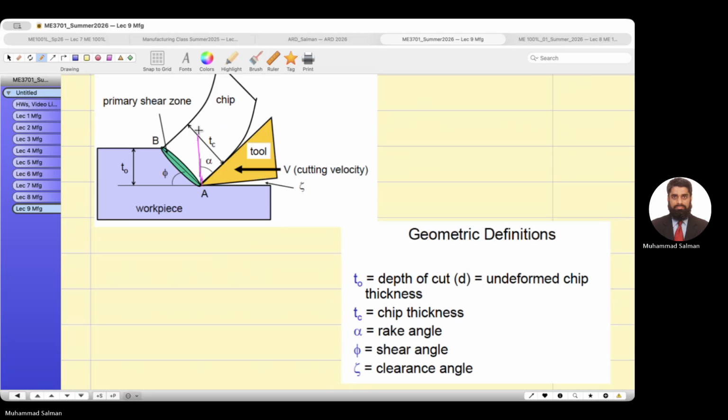The chip thickness after the tool has cut the chip is TC. The uncut chip thickness, rake angle, clearance angle, and cutting velocity you can control; they are independent variables.